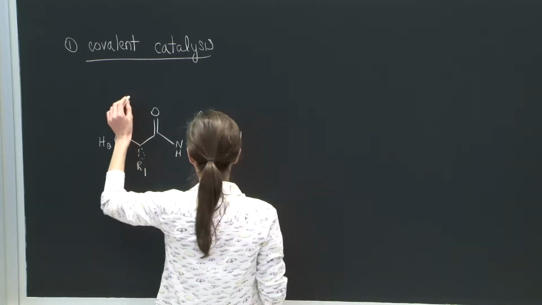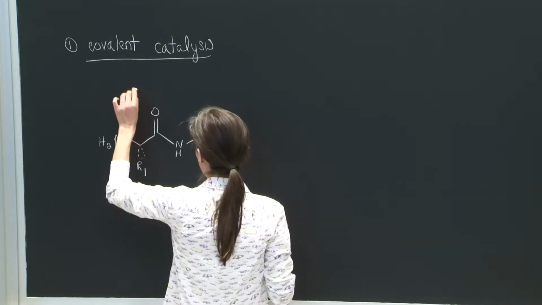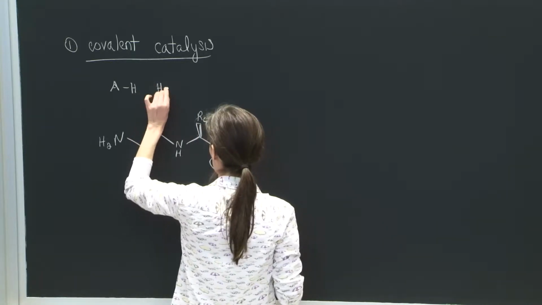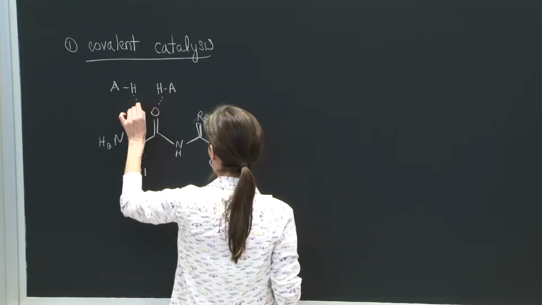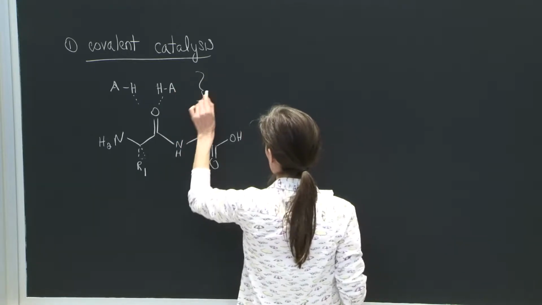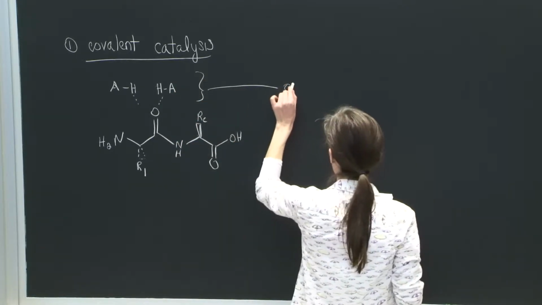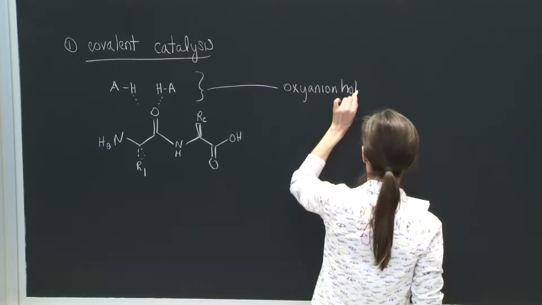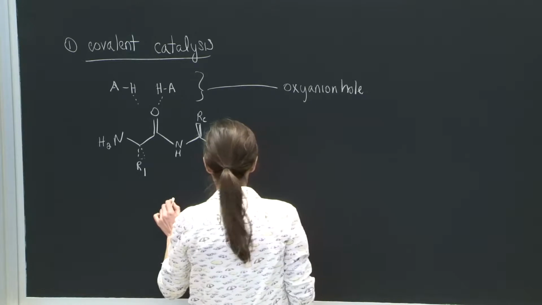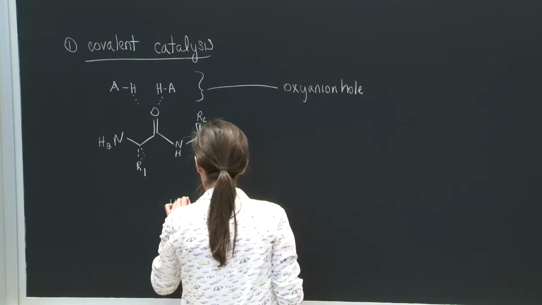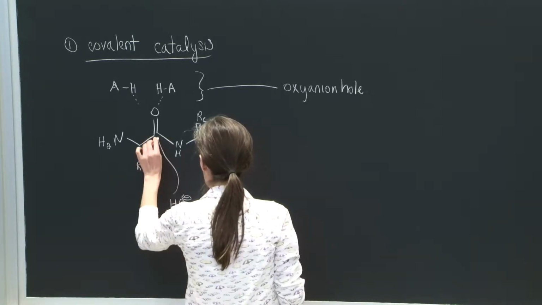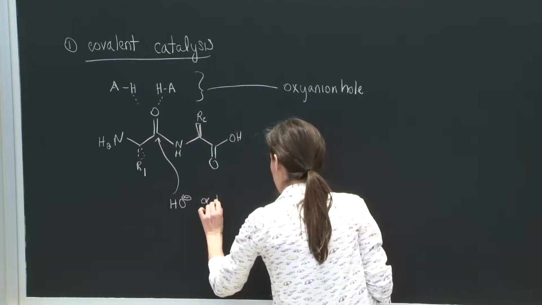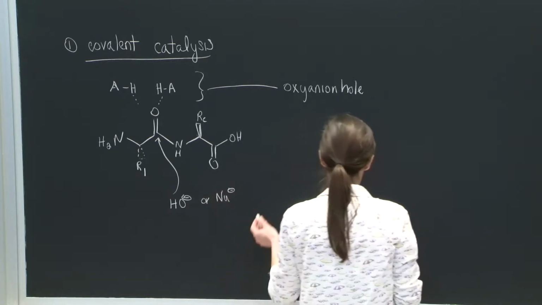What we find in these enzymes is that they have what's called an oxyanion hole. Here. And we can think about the enzyme allowing attack as such, so that, or some nucleophile here.